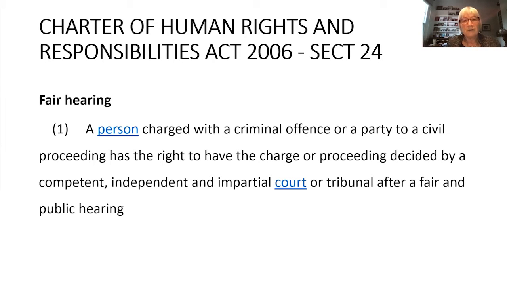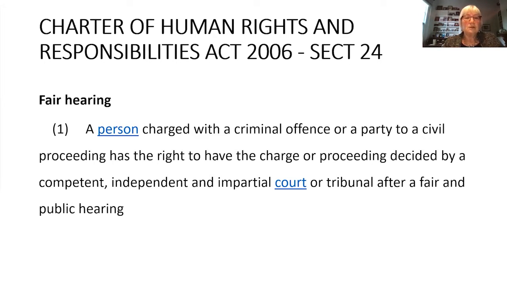Section 25 of the Charter, which I'm not troubling you with a slide, but Section 25 of that Charter, which is a piece of legislation, as you can see, also provides further rights and protections for people charged with criminal offences.